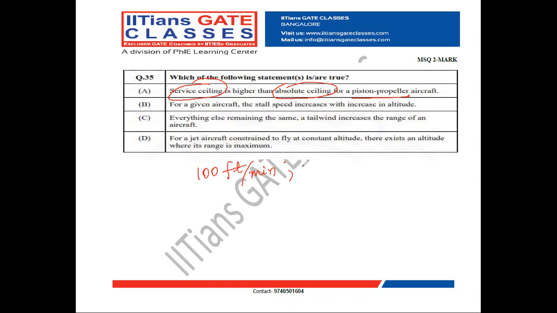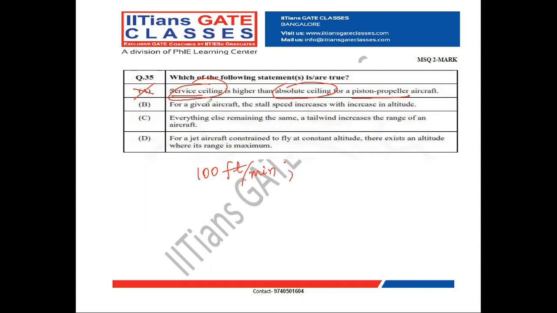So service ceiling higher than absolute ceiling is not practically possible, because absolute ceiling is never achievable in real cases. So they defined the service ceiling, which is always less than the absolute ceiling. So the first statement is false.